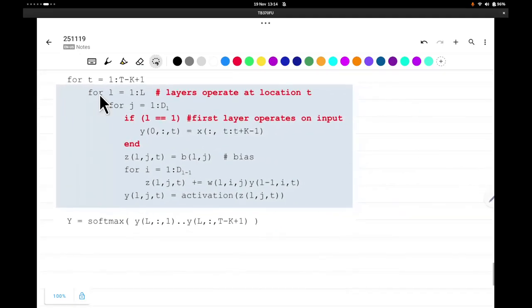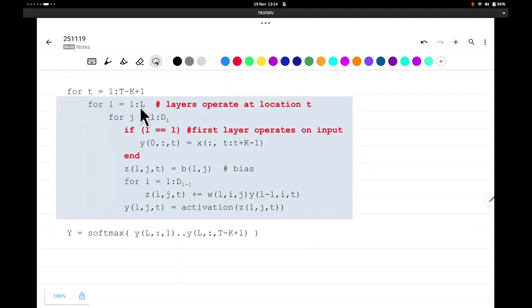Okay, so I can expand the multi-layer perceptron from the previous pseudocode. So again, we go over time, and then what we are doing is going over layers, nodes inside layers. For the first layer we use the input. Otherwise, we are propagating our signal, our input, in between layers.